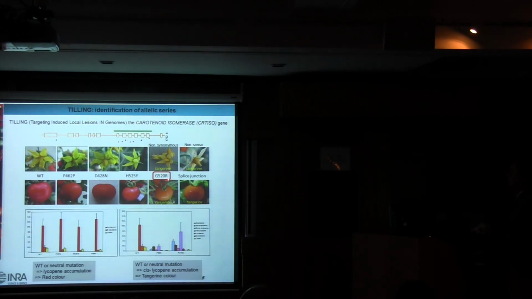And then a missense mutation, again, glycine to arginine mutation, strong effect, and you get the tangerine phenotype. The same with this cow mutant. And in that case, you accumulate cis lycopene instead of trans lycopene.